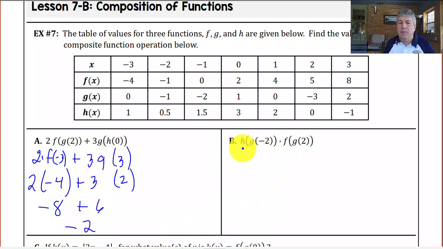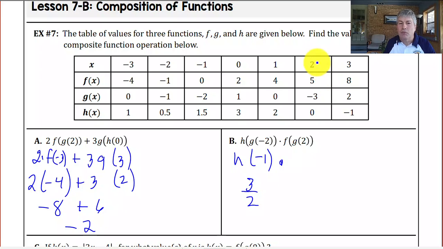We'll do something similar in B, but now we're going to multiply. So we want to find g of negative 2, input negative 2 into g, and I get negative 1. So I want to find now h of negative 1. So I put negative 1, and I find my output of h, and I get 1.5, or 3/2. And I'm going to multiply that times f of g of 2.